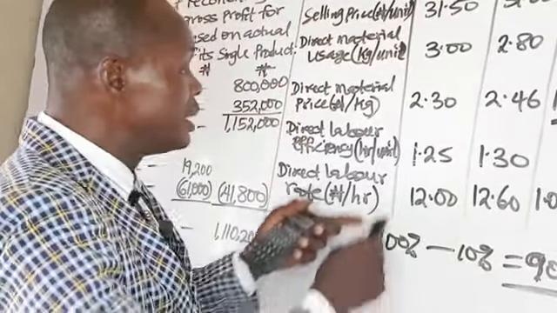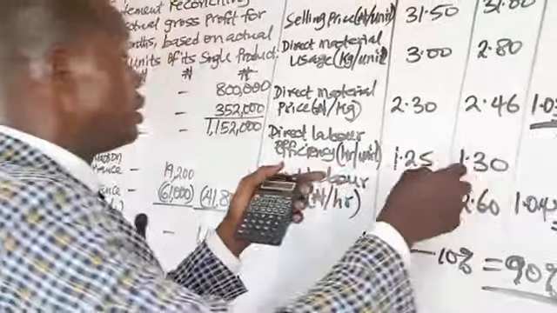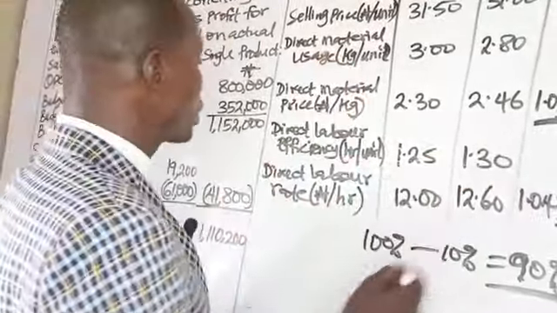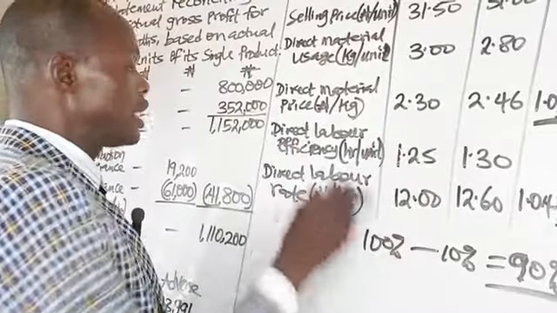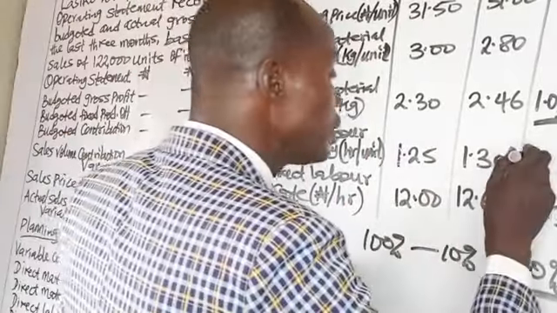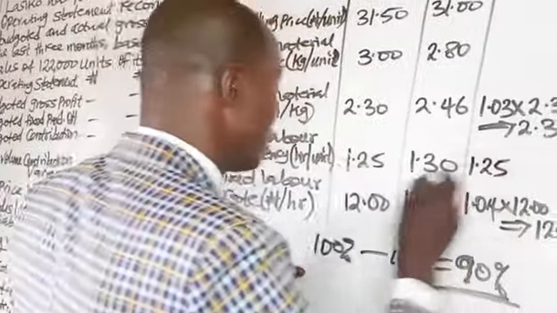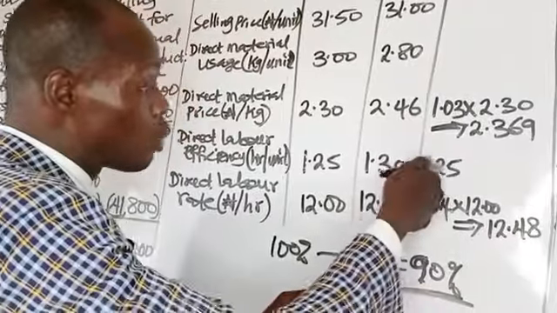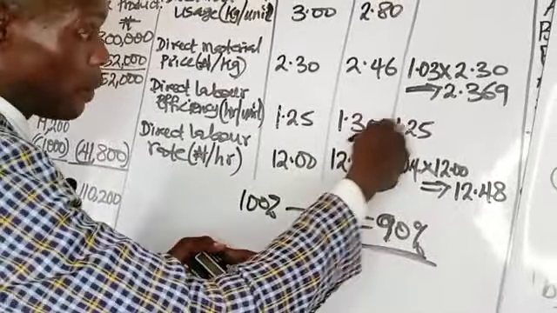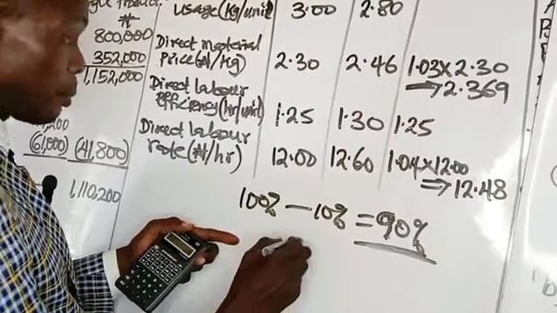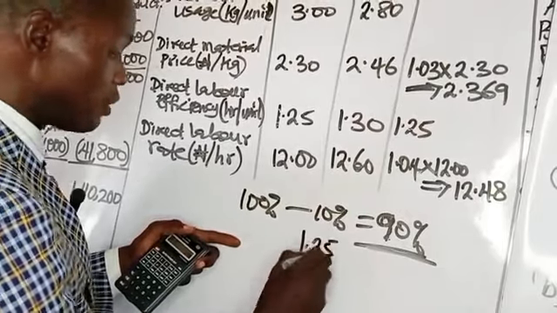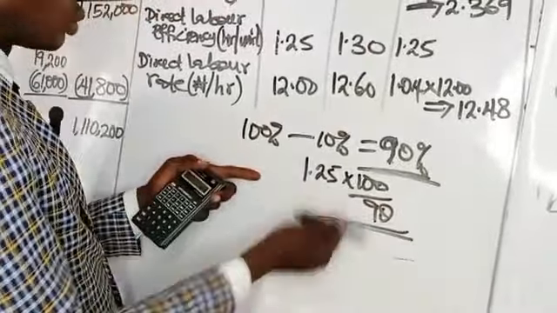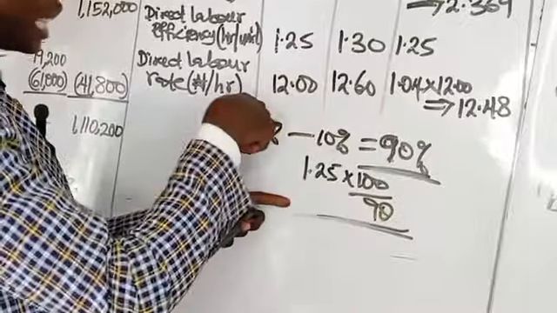What will now be the ex post standard efficiency hour? You have 1.25 because the S and T is 1.25. You want to convert this to 100. If 1.25 is 90%, it is the same as having 1.25 times 100 divided by 90. You want to gross it up, not calculate 90% of it.